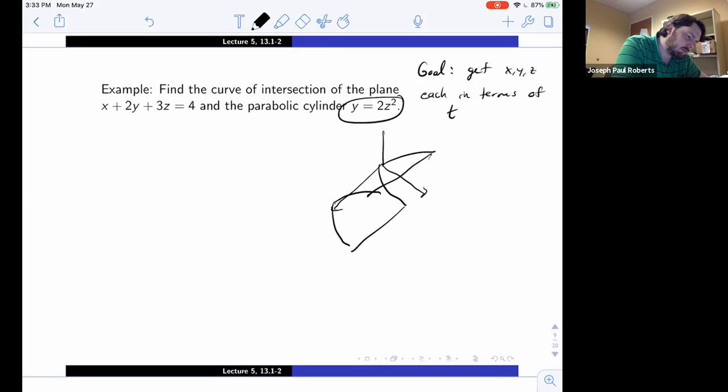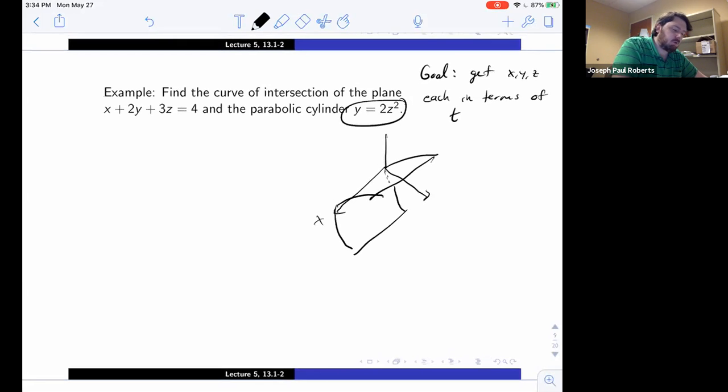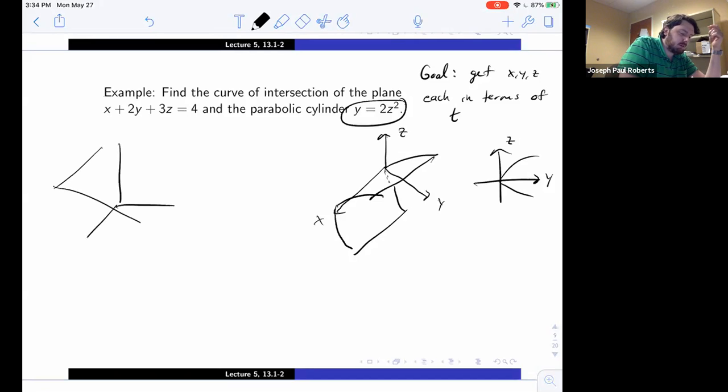It's going to look something like that. All the x cross sections are the parabola y equals 2z squared, which looks something like that. So an xyz equation gives you a surface.